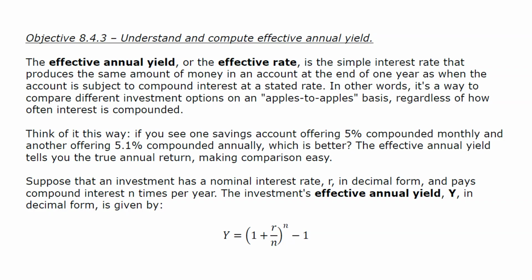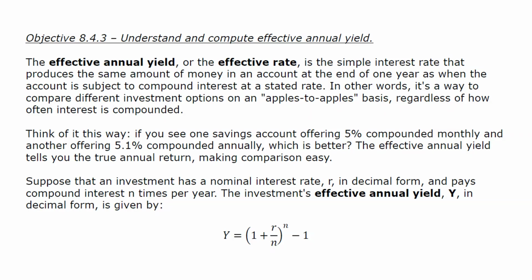Think of it this way. If you see one savings account offering 5% compounded monthly and another offering 5.1% compounded annually, which is better? The effective annual yield tells you the true annual return, making comparison easy.